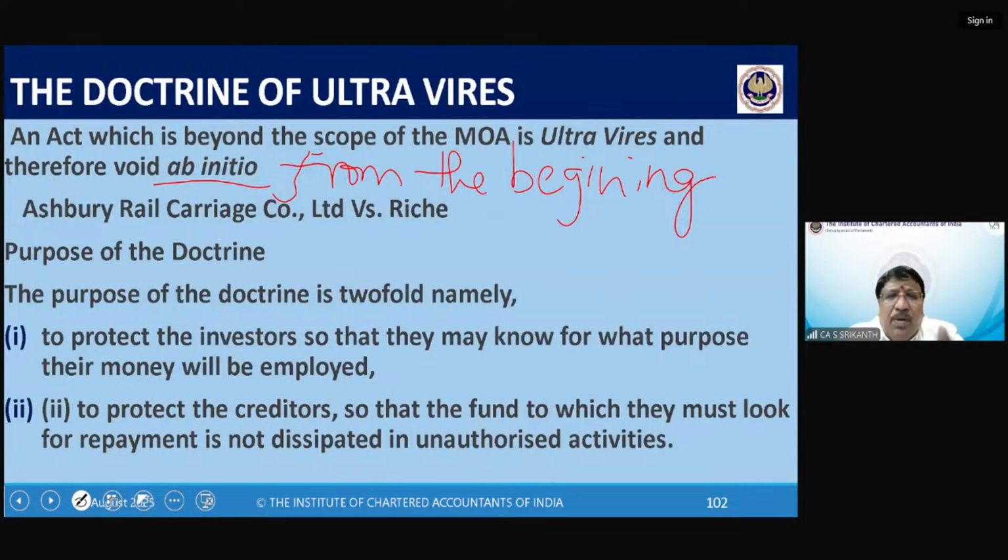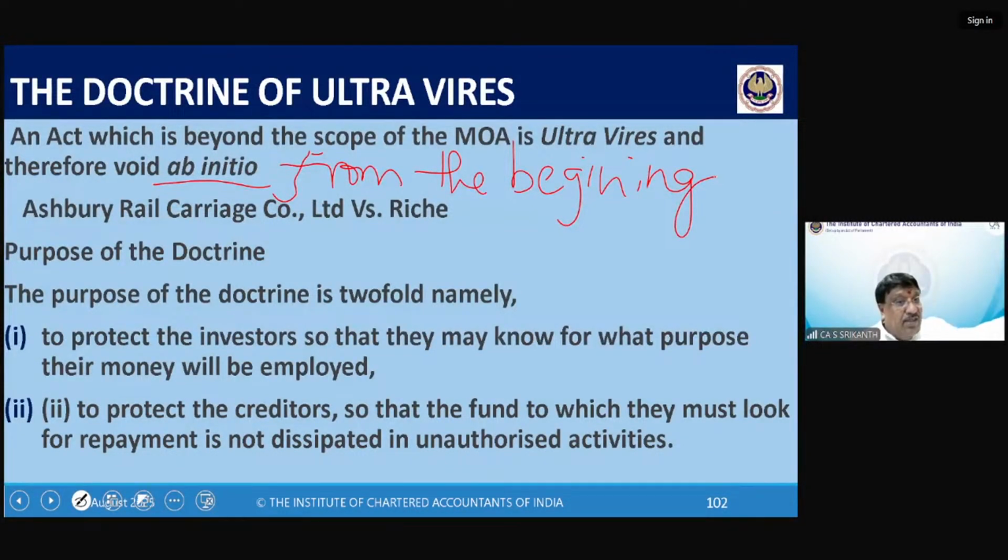See, the idea is very simple. The purpose of this doctrine is to protect the investors, because think about it. Mr. A is starting a company, Dubakur Industries Limited. Now, in the prospectus, he is telling very clearly, we are manufacturing electric vehicles. Okay, I am happy, Modi ji is also telling about electric vehicles, so we will invest. Why did I invest?